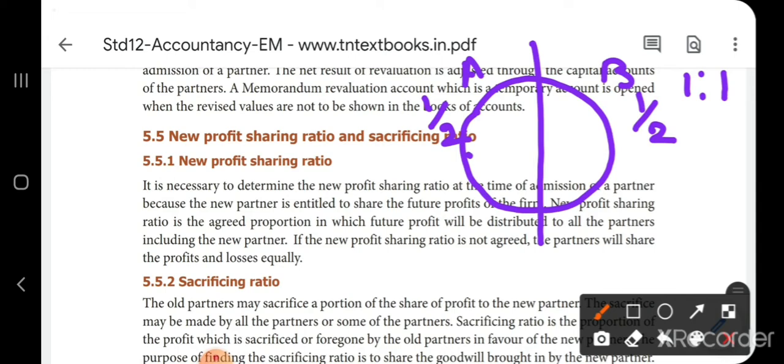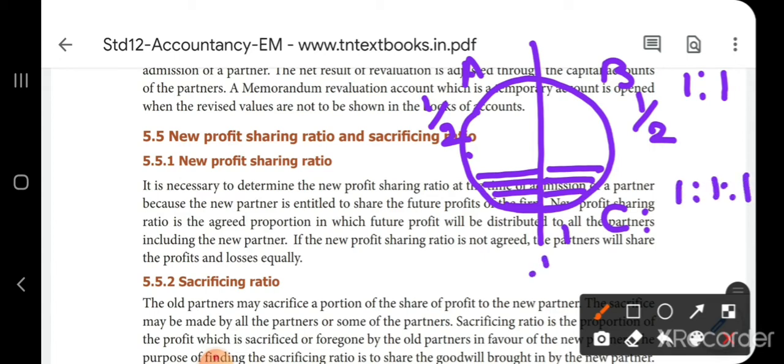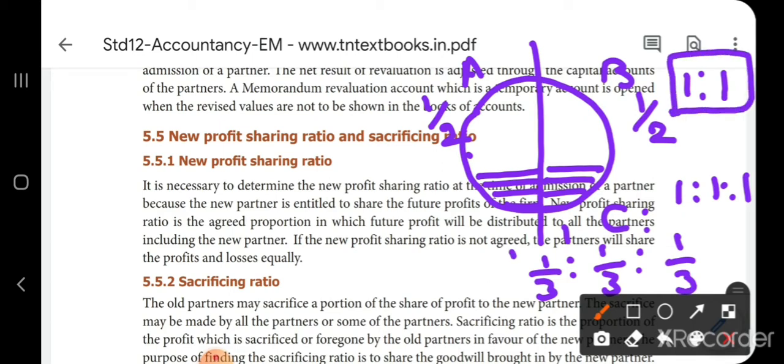So A has to sacrifice one portion of his share and B has to sacrifice one portion of the share. Only then C will get his share. Now the new ratio will be 1:1:1. Now A's share is 1/3, B's share is 1/3 and C's share is 1/3. So this is the old ratio and this is the new ratio.